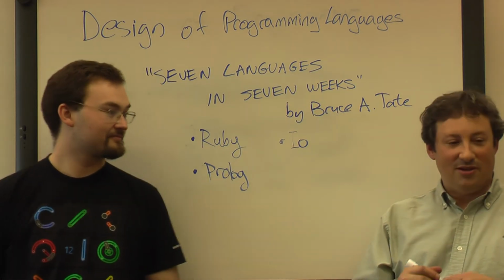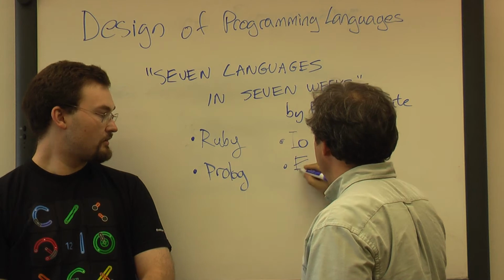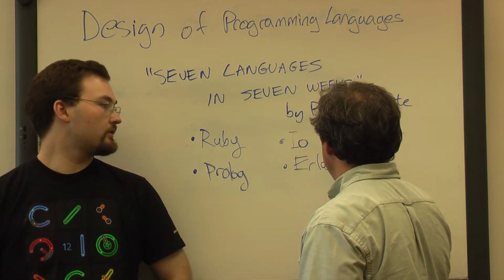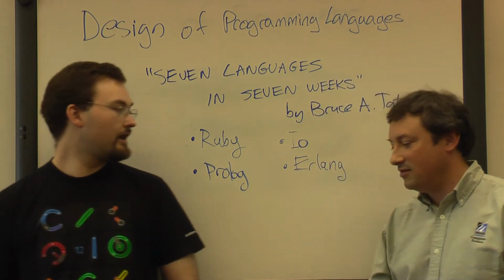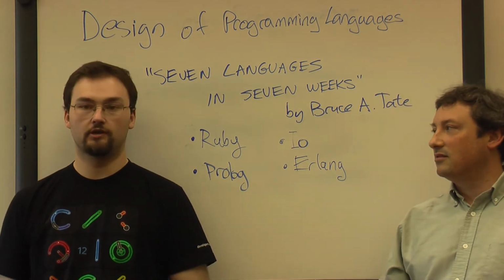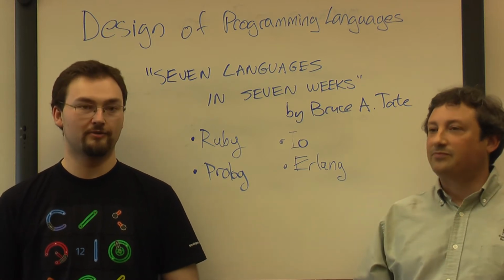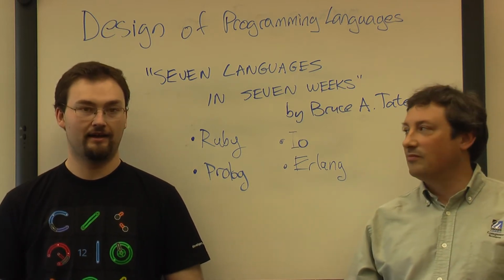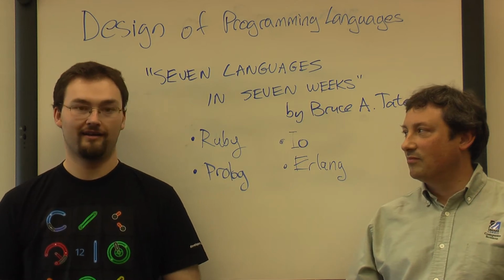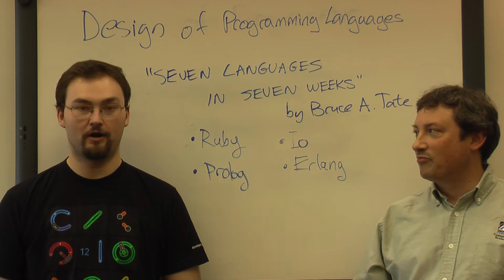Okay, and we'll also be looking at Erlang. So what's the deal with Erlang? Erlang is a dynamic functional language, and Erlang is especially interesting for us because it's the first language that we'll be looking at where we have immutable data and immutable variables. In Erlang, you can't say a equals 4 and then say a equals 5 because the interpreter will just barf at you.